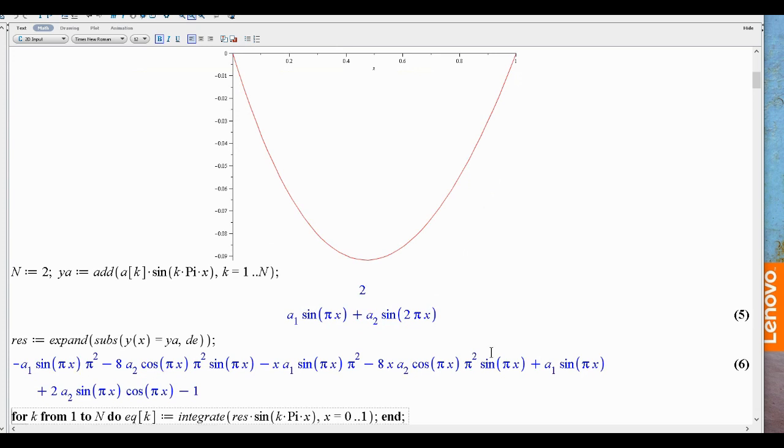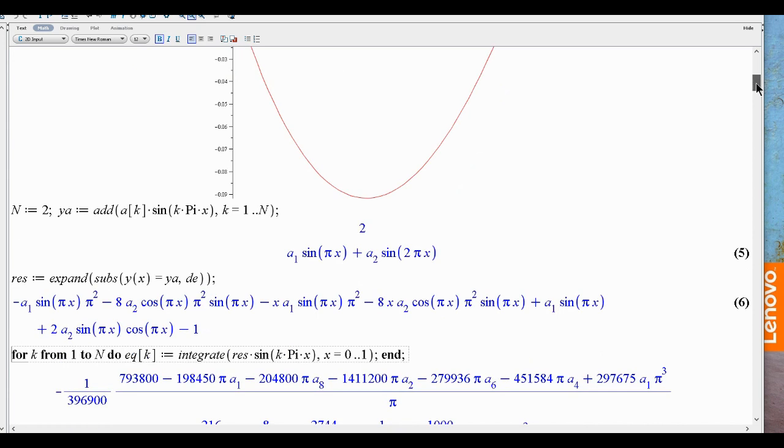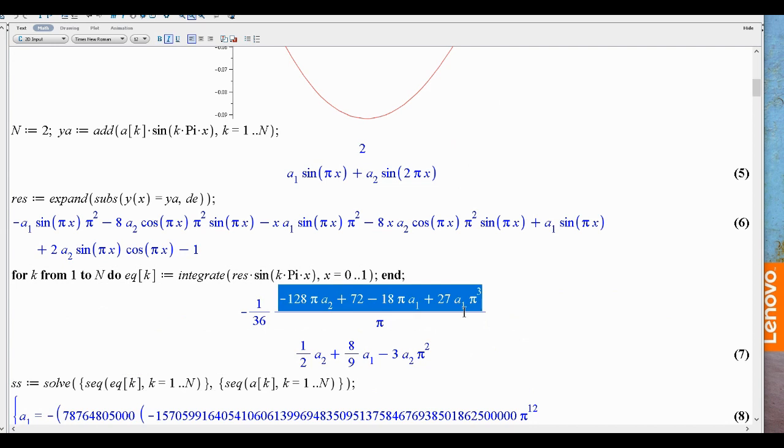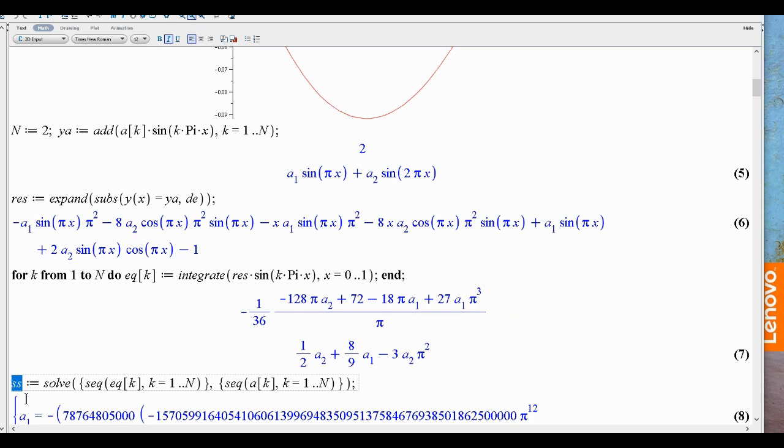Now I do the weighted residuals. For k from 1 to n, I integrate the residual times sine k pi x, and I call that EQK. This is the thing that needs to be 0 for k equals 1 and k equals 2. Okay. Then this is my syntax for solving equations. So I have SS, and the solution will be given that name.